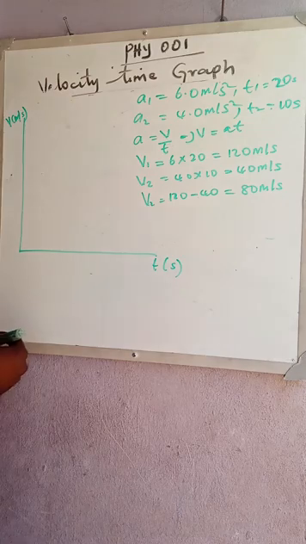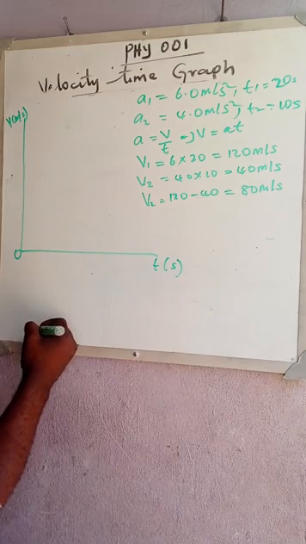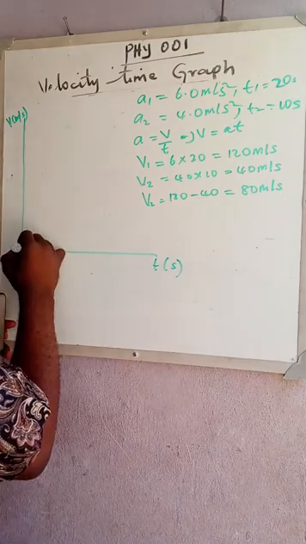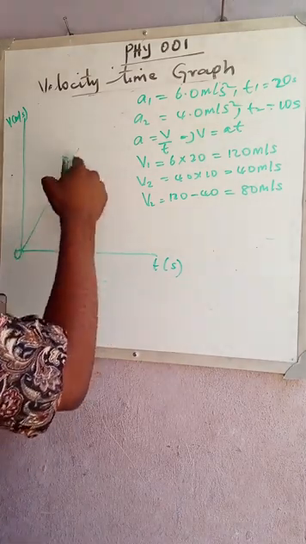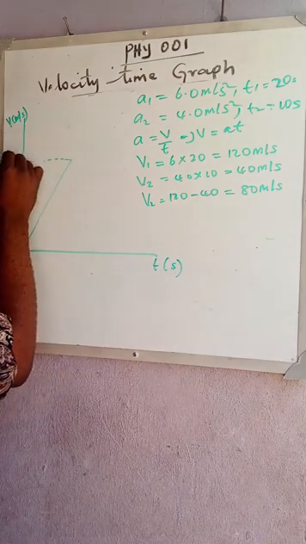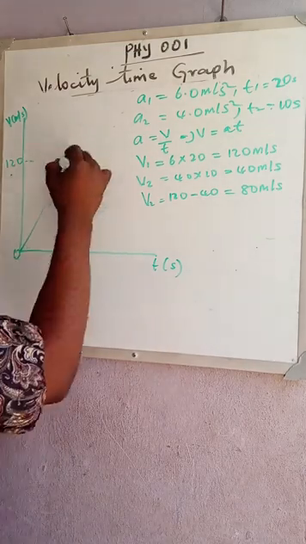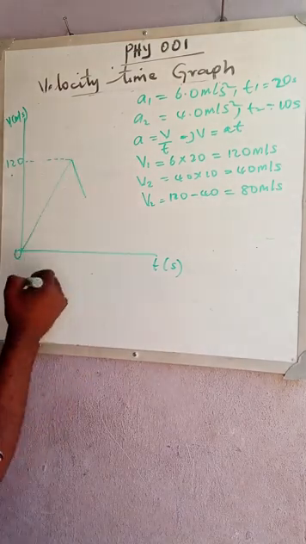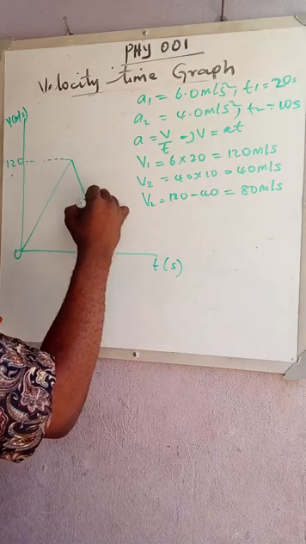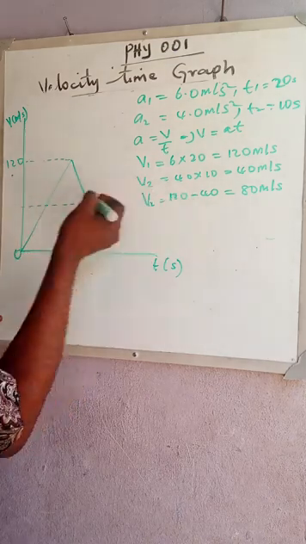A body at rest, I'll write 0 here because it is at rest. With an initial uniform acceleration, from here to here, then here is my 120. Good. Then it's reduced. If you reduce, what is remaining? 80.